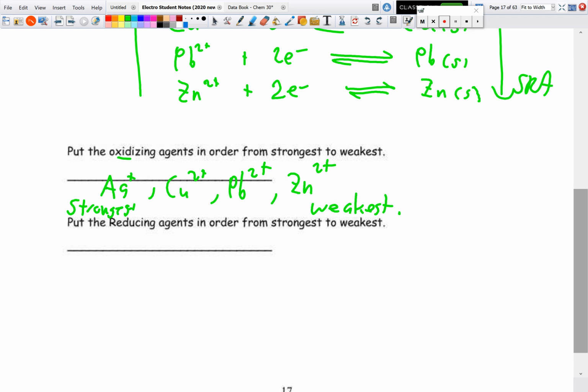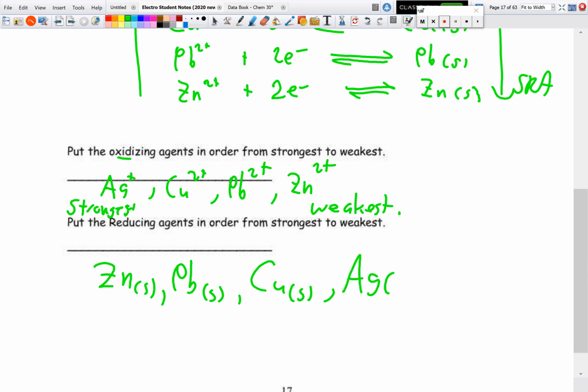So we go zinc solid, lead solid, copper solid, silver solid.